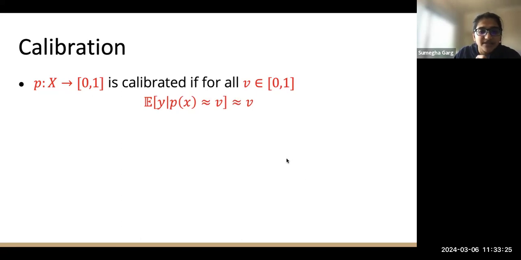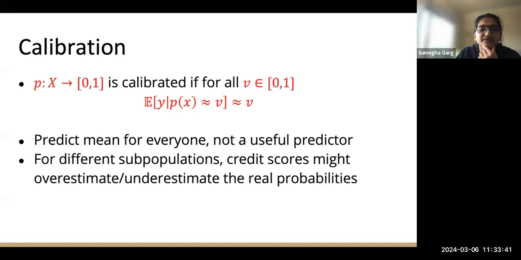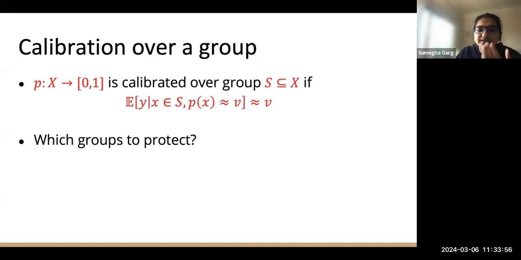But calibration by itself is not enough, because to get a calibrated predictor you can predict the mean for everyone. It's not really a useful predictor, but if you predict one mean for everyone, then it satisfies calibration. Another disadvantage of just calibration is that for different subpopulations, credit scores might overestimate or underestimate the real probabilities. That means that given a group, you might not be calibrated. So a fairness notion would be that you want calibration over disadvantaged groups.